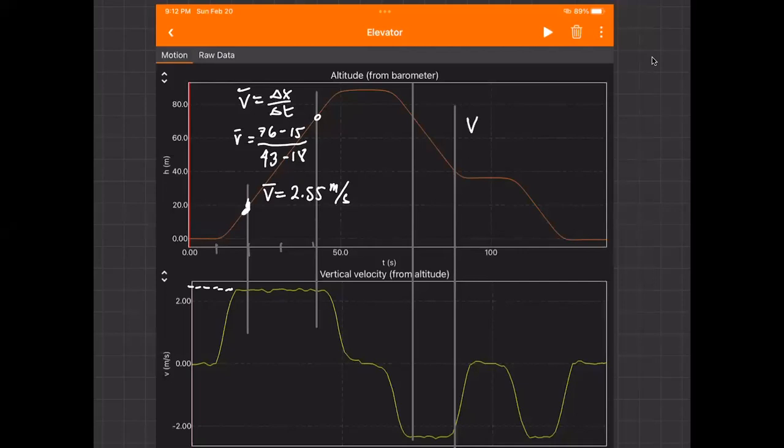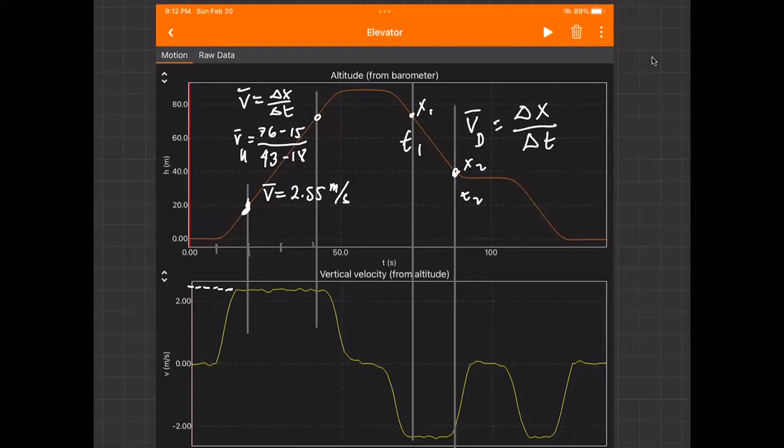And you can do the same for the average velocity going down. Let's say that's going up, this is going down. It's the same formula, delta x over delta t. But this is your x2 here, this is your initial x or x1, and this is your t2 and this is your t1. What is the direction here?